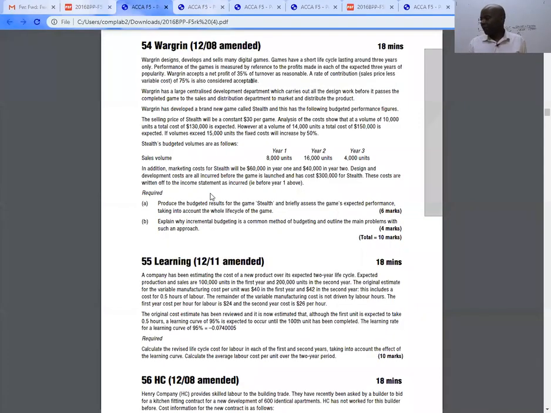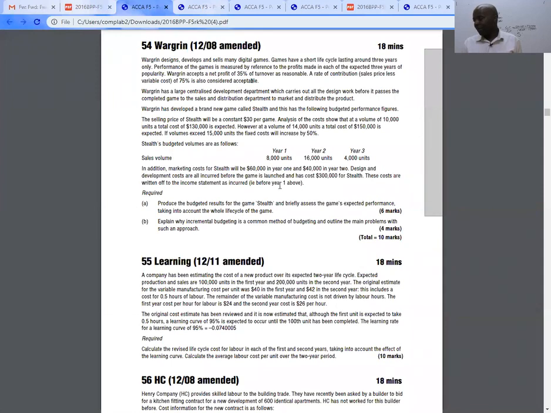So you see, they have given us the budgeted volumes as follows. In addition, we have marketing costs for stealth of 60,000 in year 1 and 40,000 in year 2. Design and development costs are all incurred before the game is launched and cost 300,000 for stealth.